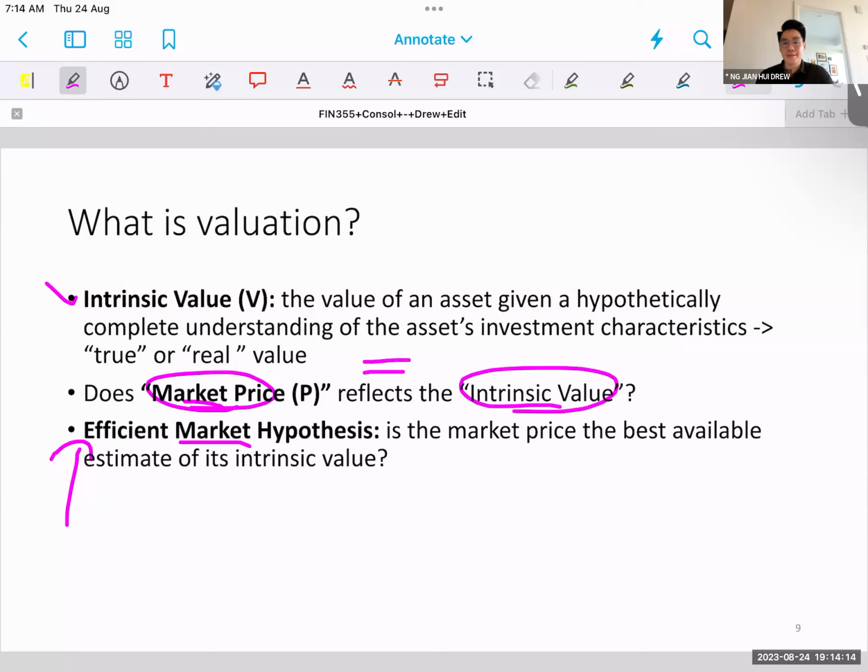However, we understand from empirical evidence that markets tend not to be very efficient. Therefore there is some value in finding out the intrinsic value, comparing it with the market price, and if there's some variance, we can capitalize on it and maybe earn a bit of money from that, right? So let's try to understand more about this idea of efficient market hypothesis.